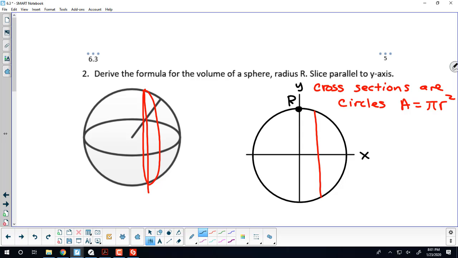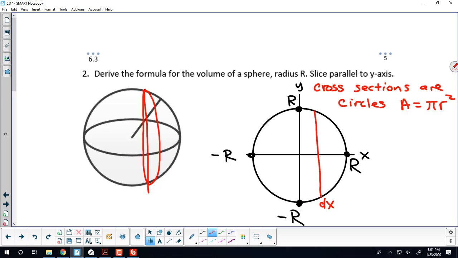So this is capital R, negative R. So we've identified not only how we're slicing this vertically, which means we're integrating with respect to what? To x. Okay, so let's write that down. Everything needs to be in terms of x.